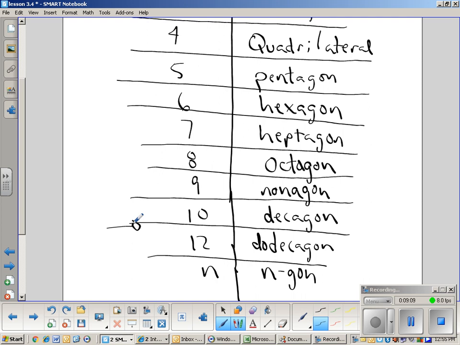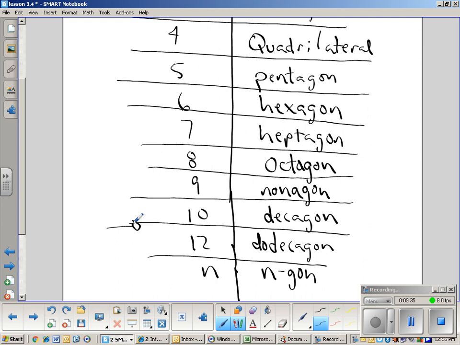And so after 12, there's probably other names. They aren't as commonly known. And so in this book, and for the sake of my tests and quizzes, we can just call them whatever many sides there are, -gon. So if there's 16 sides, it would be a 16-gon.